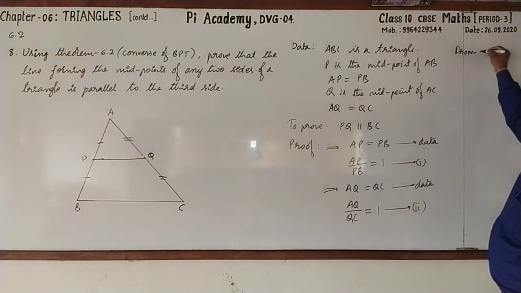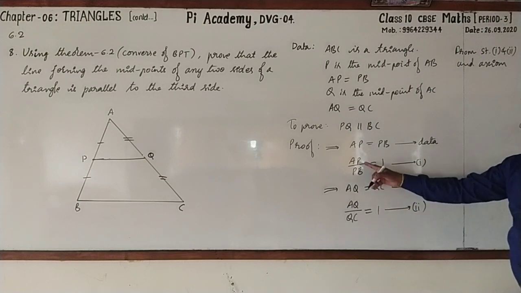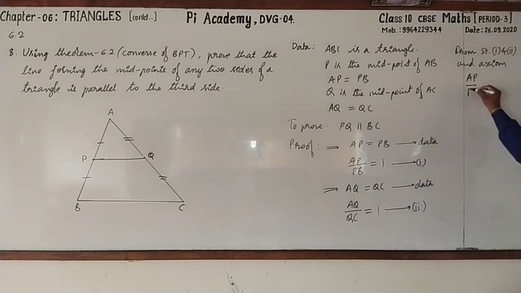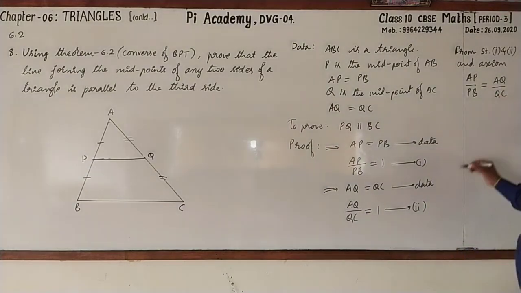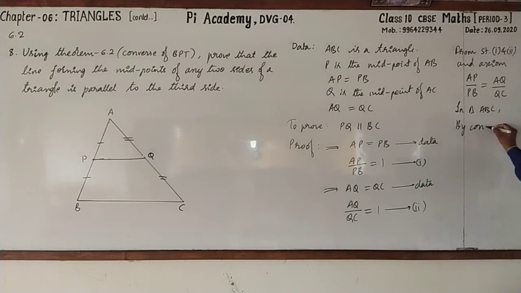Therefore, we can write from the statements 1 and 2 and axiom, AP by PB is equal to AQ by QC. Followed? So, if these two ratios are equal, we can write in triangle ABC by converse of BPT, converse of basic proportionality theorem, PQ parallel to BC.